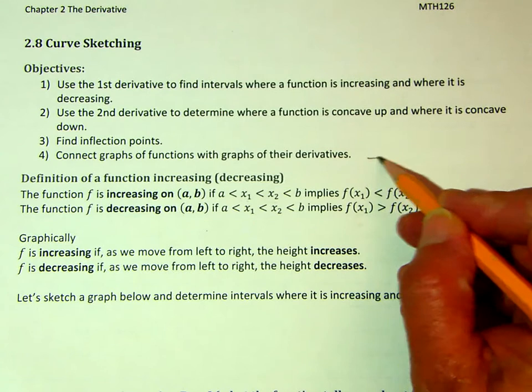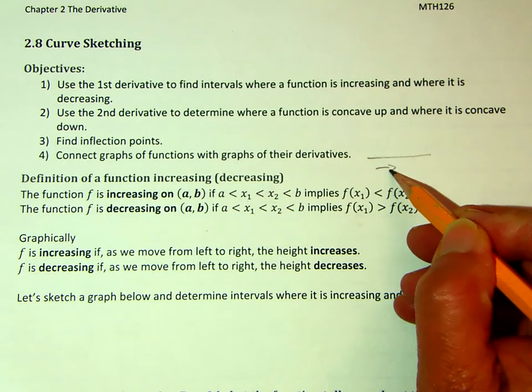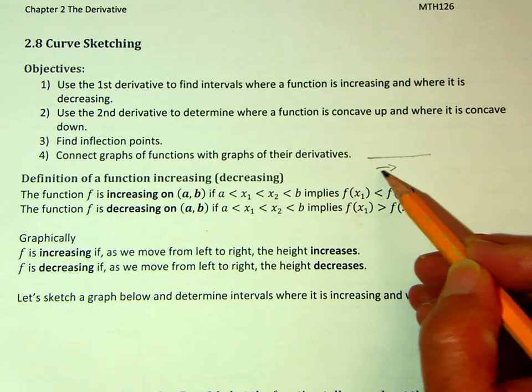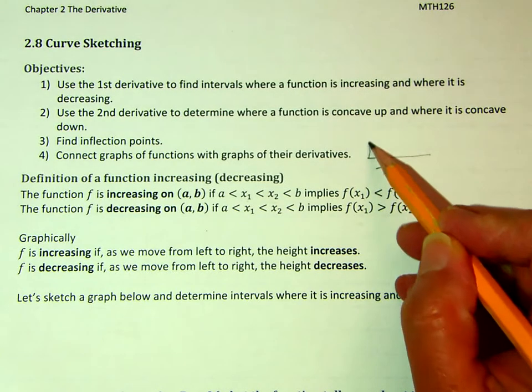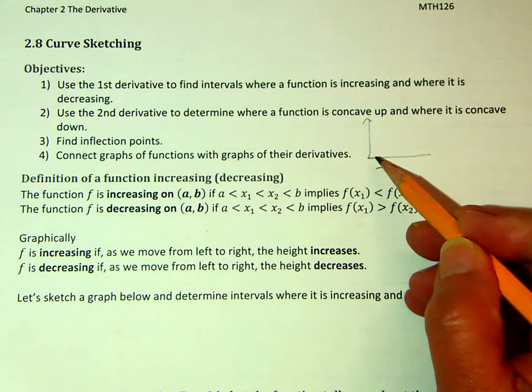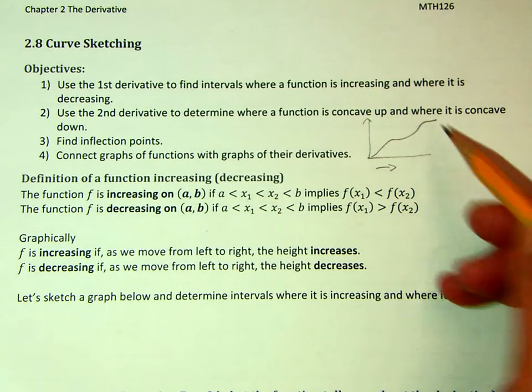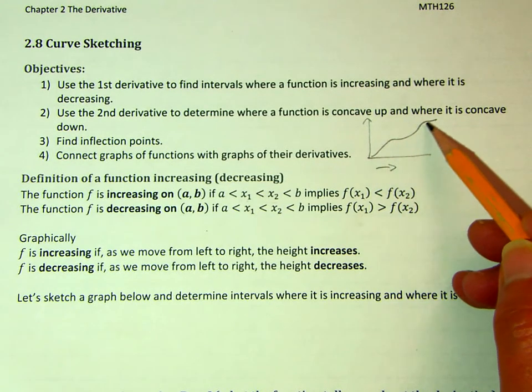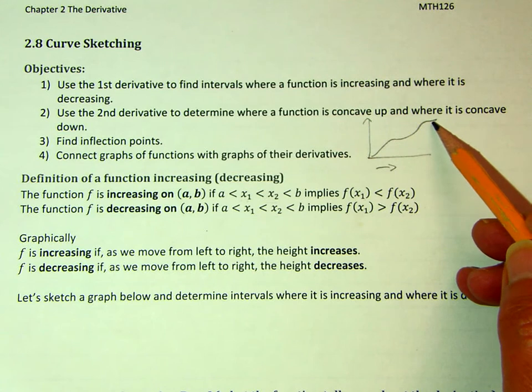In other words, as x gets larger and larger, f of x also gets larger and larger, so something like that. This function is increasing the whole way.